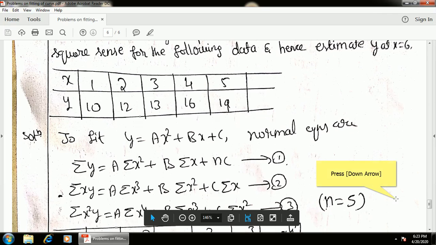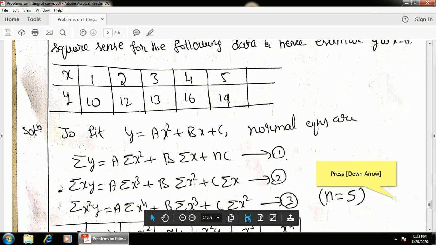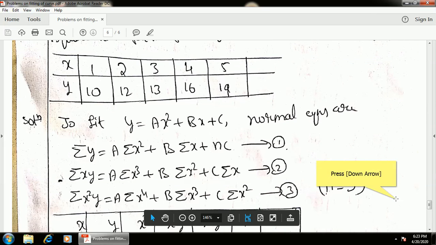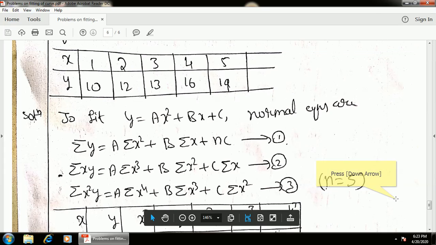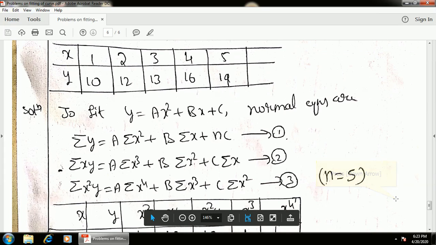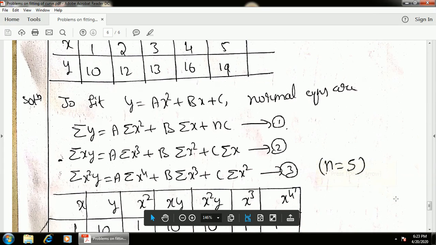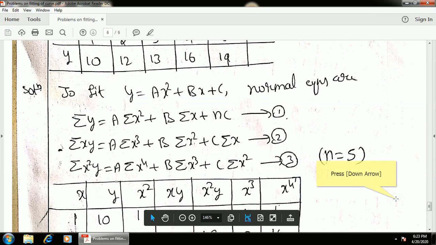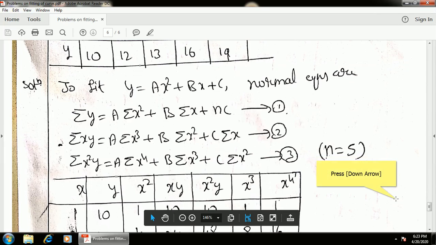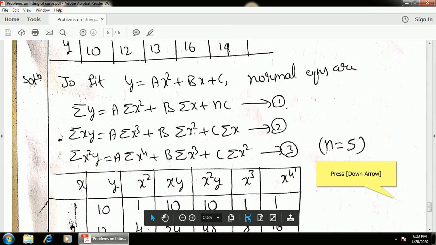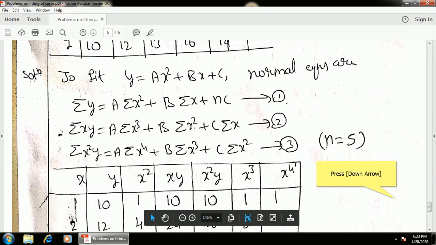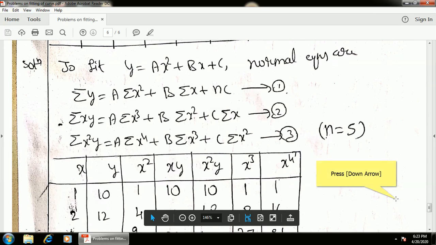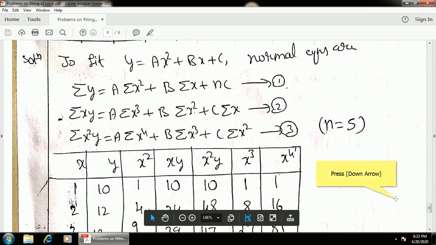To fit this parabola, y is equal to ax square plus bx plus c, write down the normal equations.